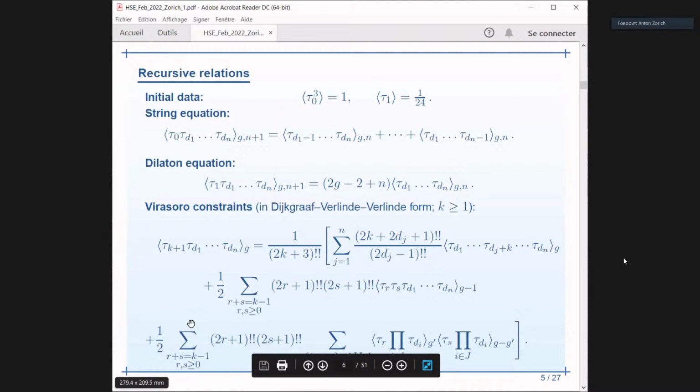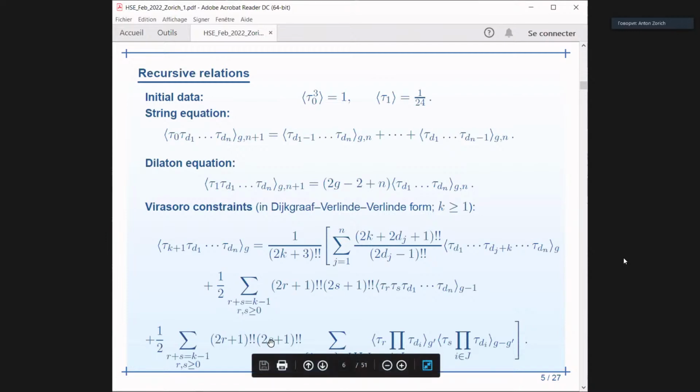And I showed it mainly to convince you that it is complicated. In reality, when you want to compute these intersection numbers, this shows that there is an algorithm and the relations are very explicit. But the trouble is that when you start computing them on computer, the complexity becomes very high very soon.